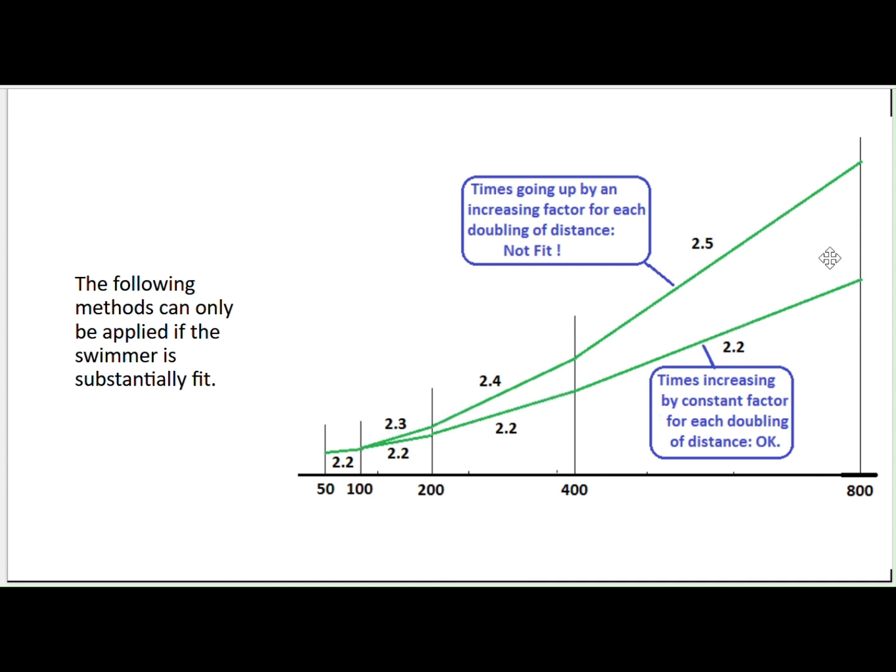So if every time you double the distance, the time they take goes up by a factor of 2.2, those are your general purpose athletes. But what I wanted to show here was if that factor remains constant, then they're substantially fit. They are fit. But if that factor changes, if it goes up with distance, those are not fit, and that's the only thing you can determine from this, is that they're not fit. You can't tell whether they're general purpose or sprinters or endurance. You can't take that any further.